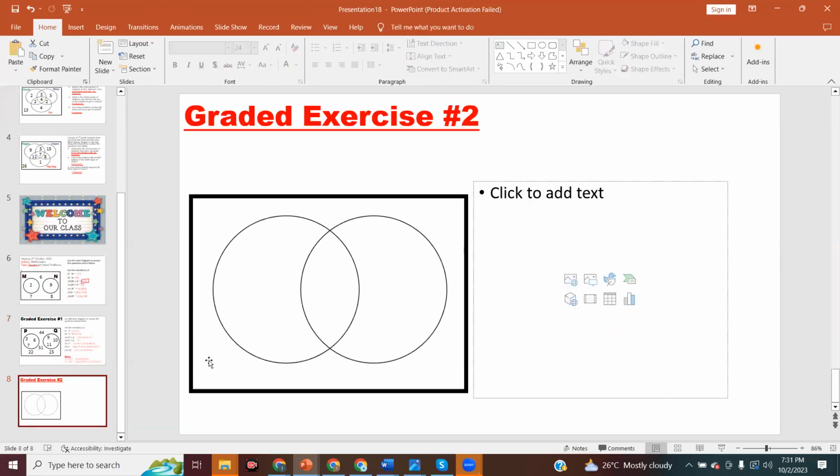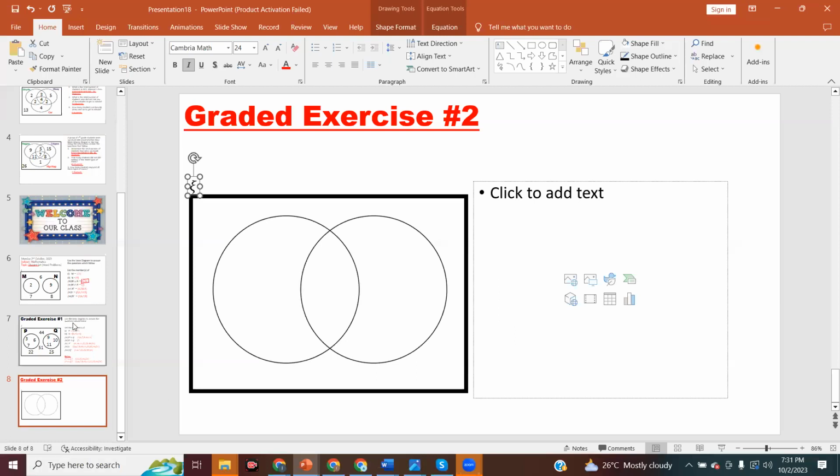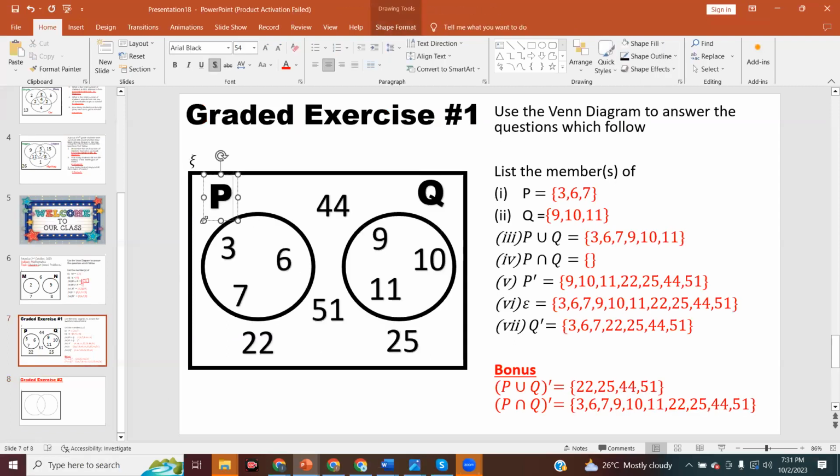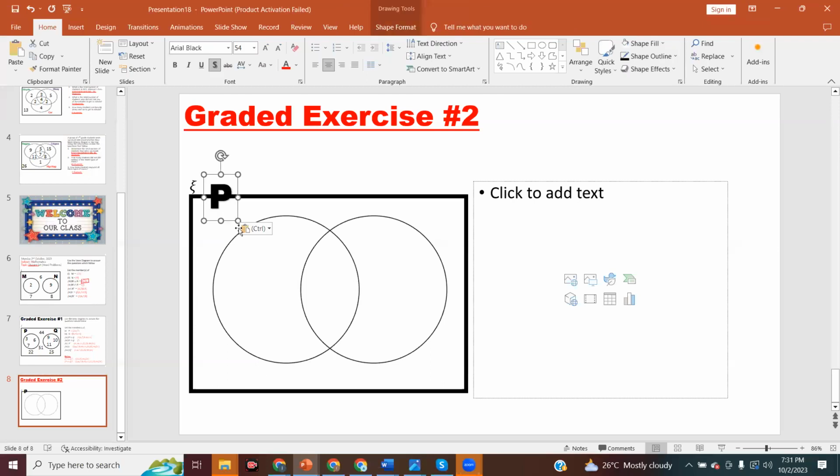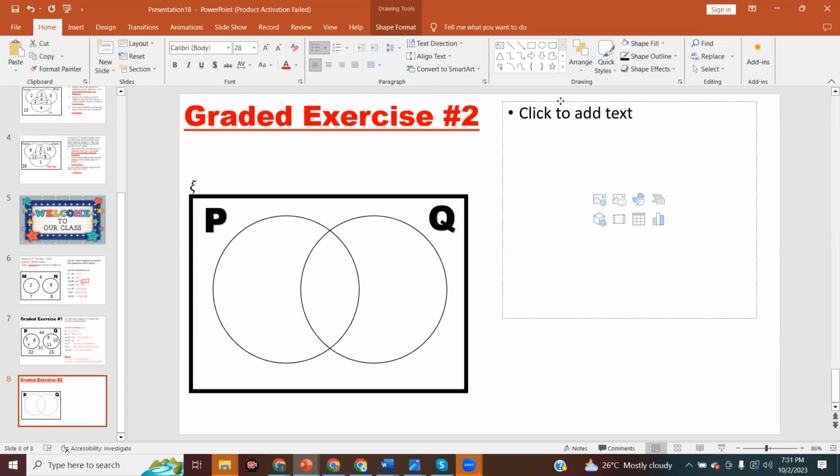All right, so for this one, let me call this set P, and Q. And for this one, you have to pay very close attention.